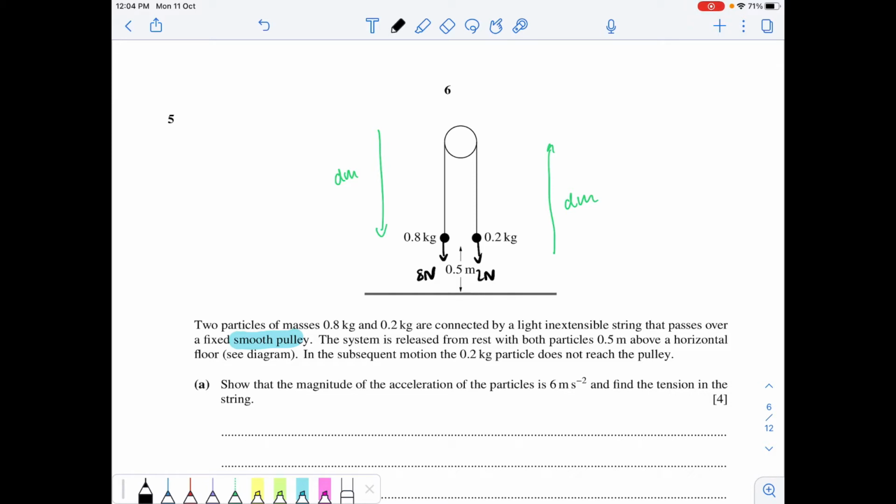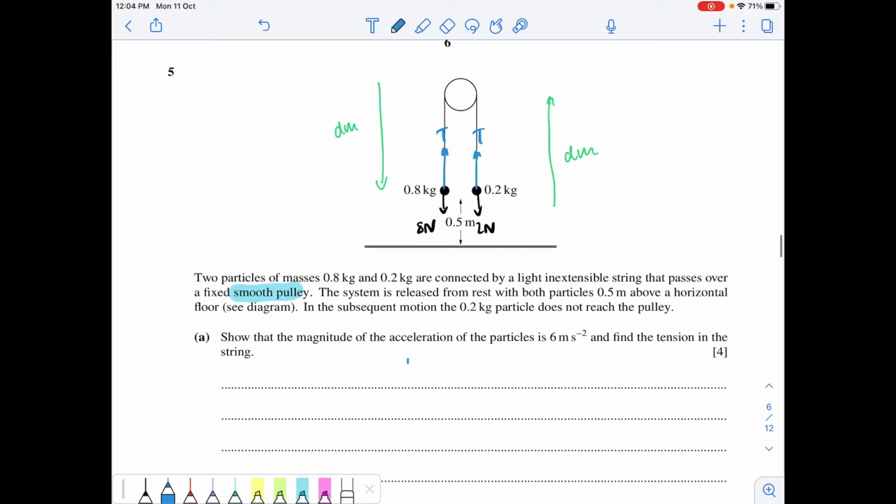The other forces that are not labeled or not given to us, which we're going to have to find, there is some tension force acting on both the particles. And since this is one inextensible string, those two tensions must be the same. And that's what we're going to use to solve the rest of our equations.